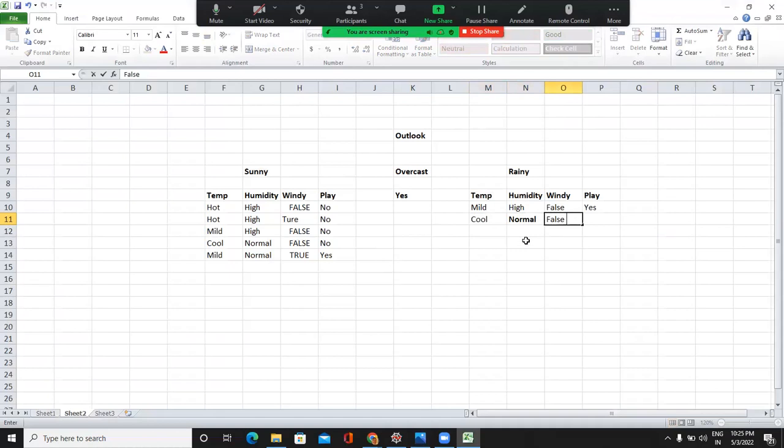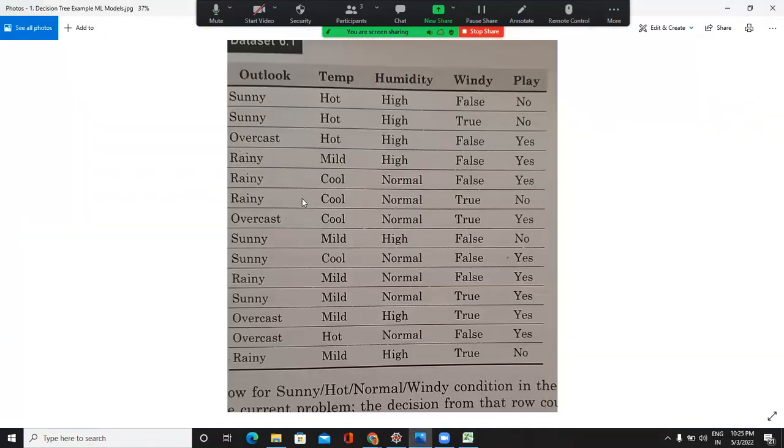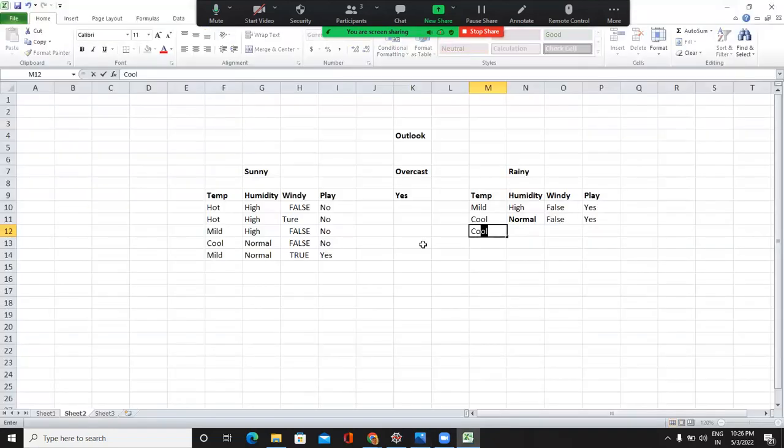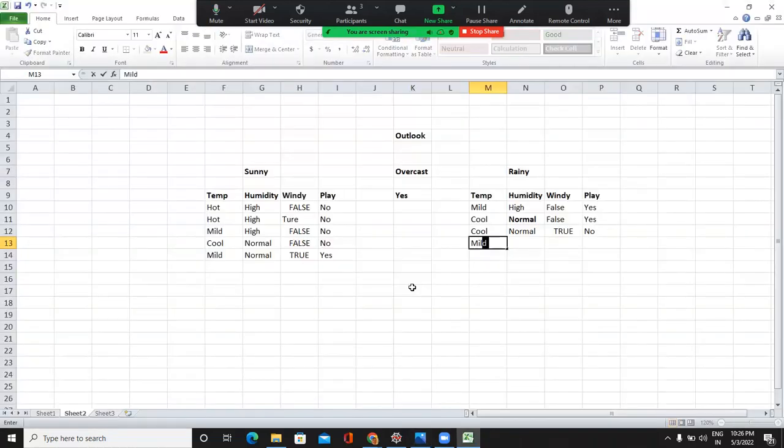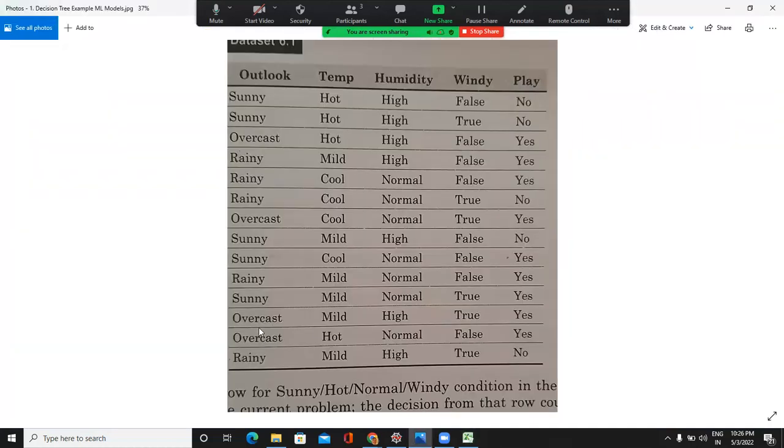Third rainy: cool, normal, true, no. Then fourth rainy: mild, normal, false, yes. And there is a fifth rainy at the end: mild, high, true, no.